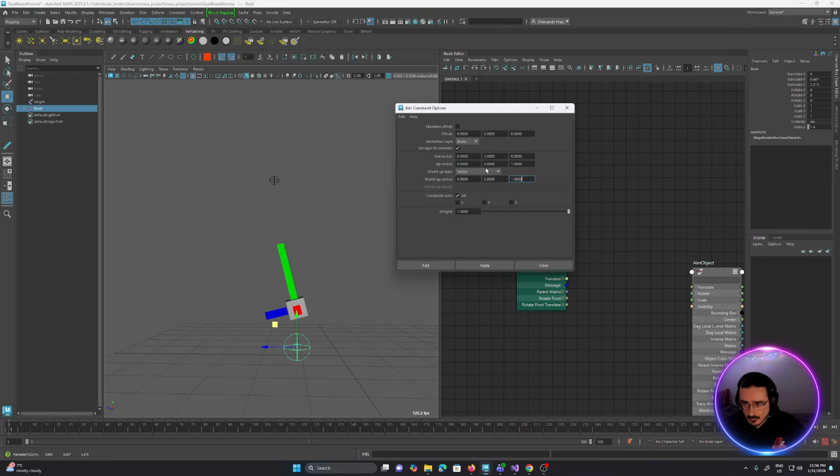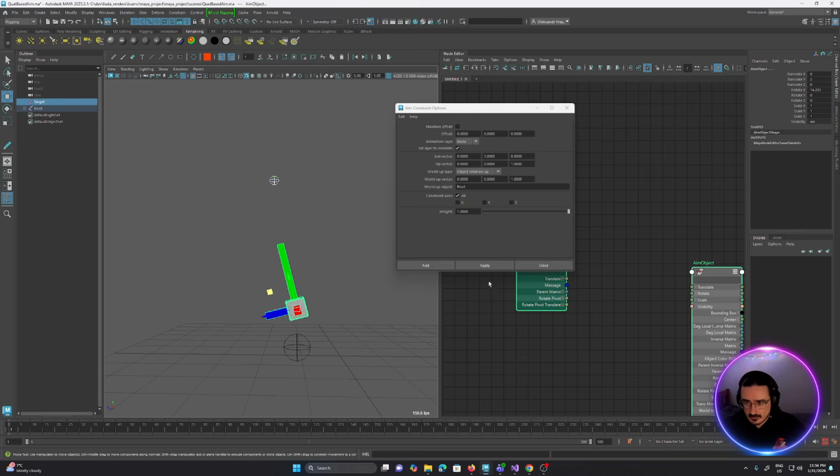Let's start with adding object rotation up as a world up type and choose my root as world up object.